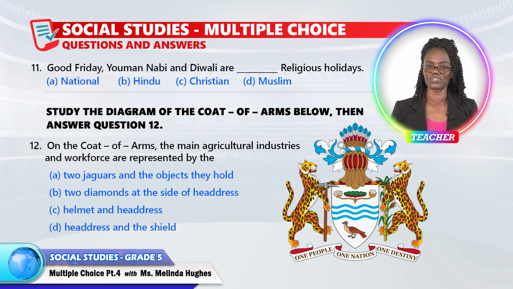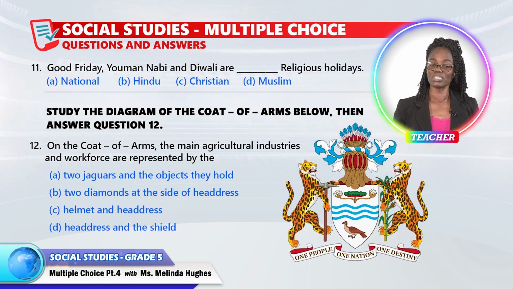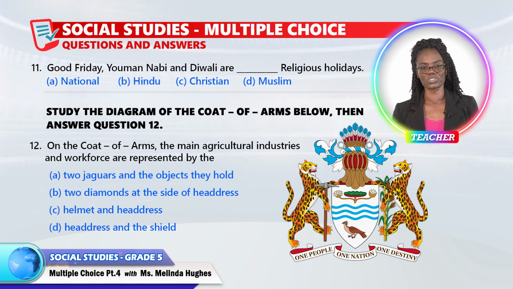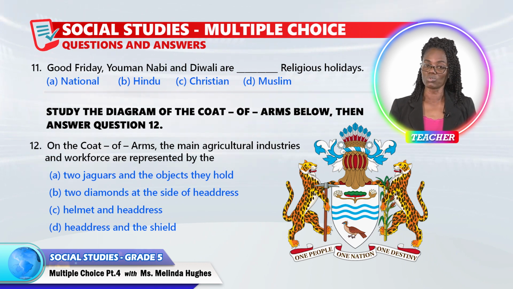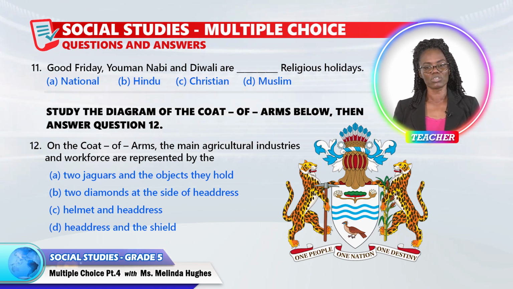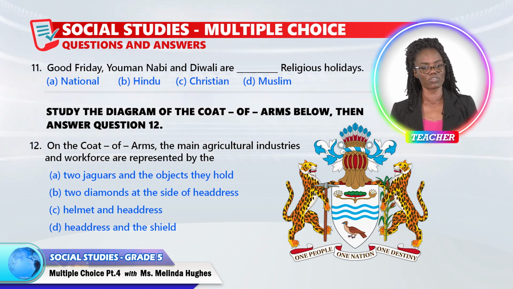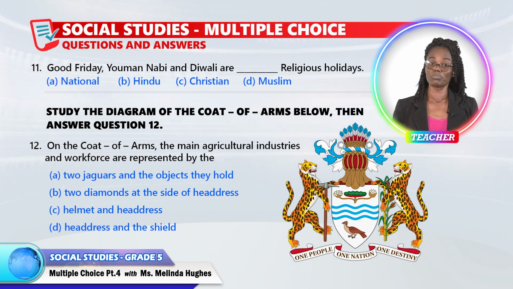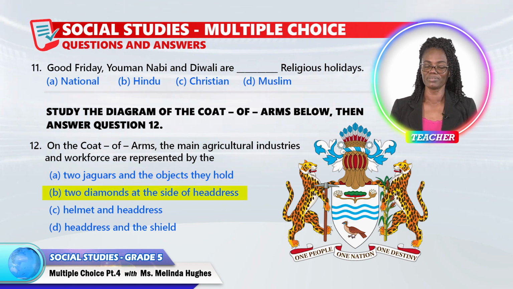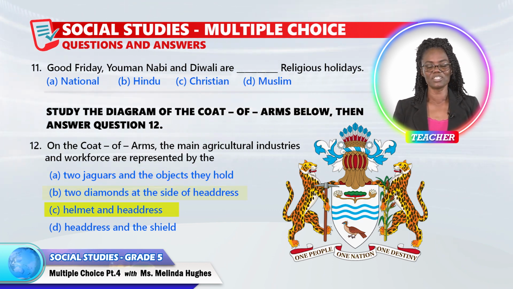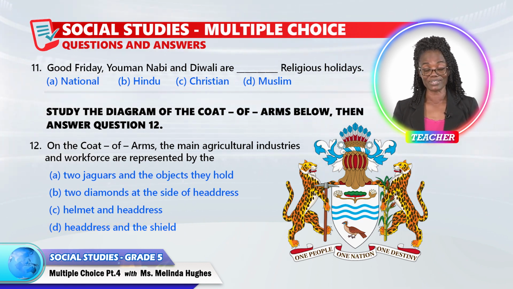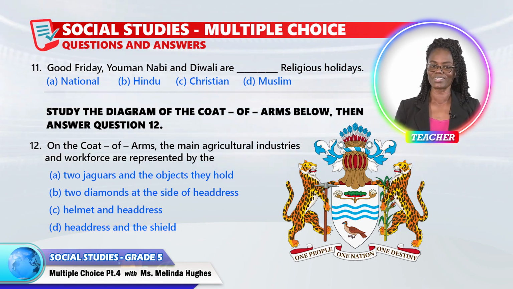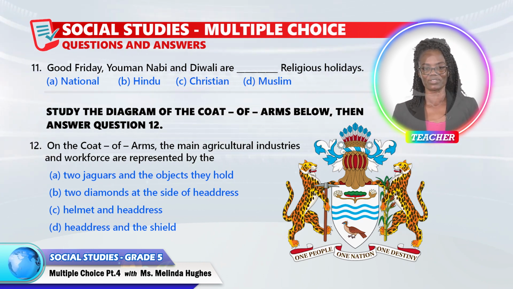On the coat of arms, the main agricultural industries and workforce are represented by the A, B, C, or D. Write the letter that you think has the answer that is correct for question 12.